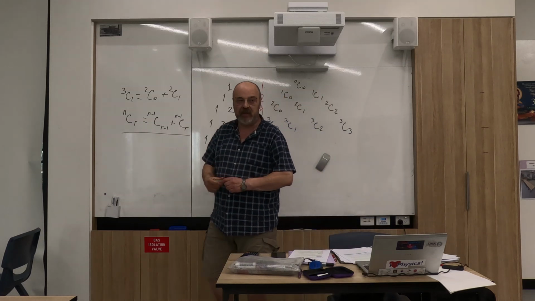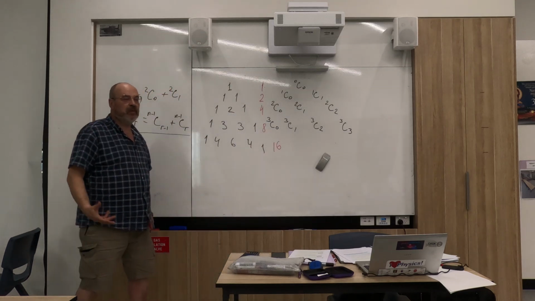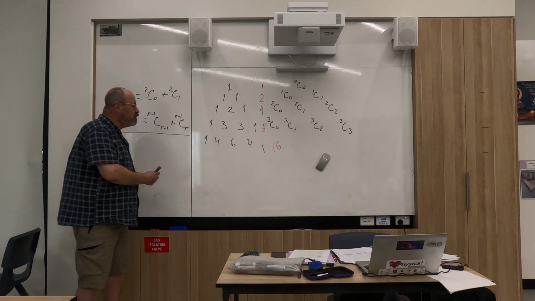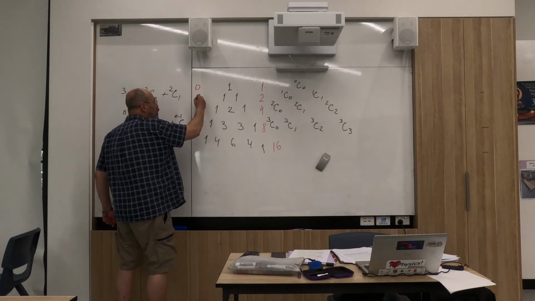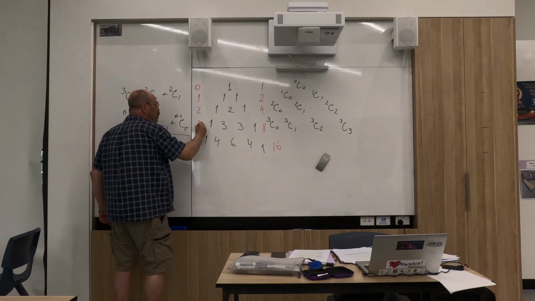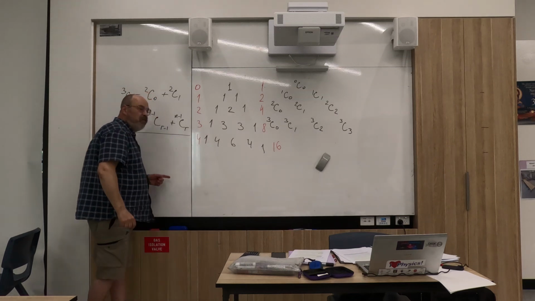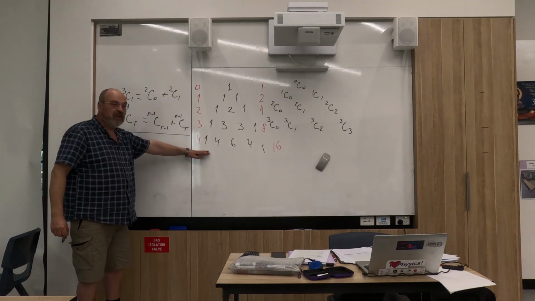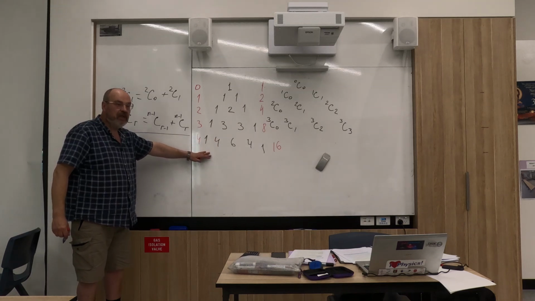Can you see the pattern? What is the pattern? Times 2 each time, 2 to the power n. So this is row number 0, row number 1, 2, 3, 4. If we add all combinations in the row, we get 2 to the power of n.